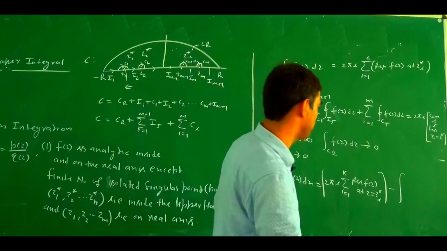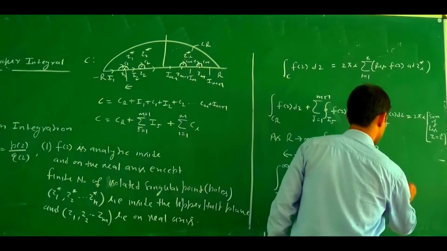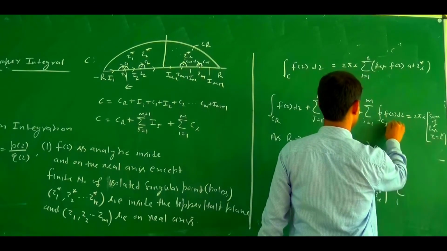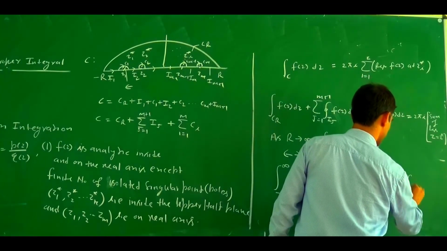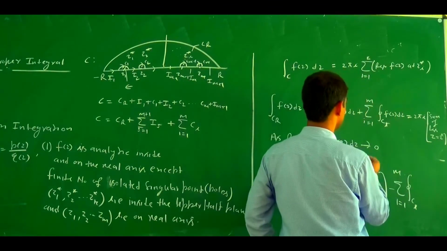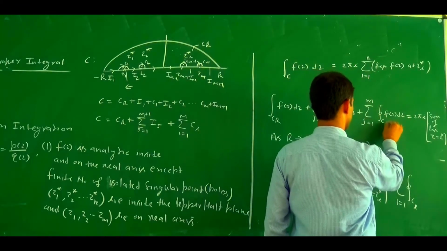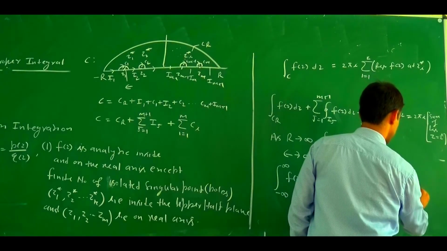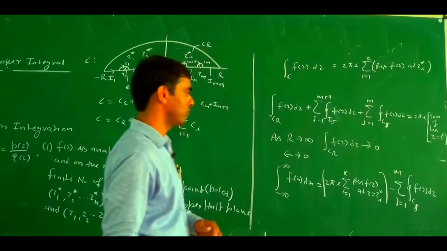If we write it as a summation, j equal 1 to m, integrate over Cj, f(z) dz. Both i and j have the same meaning.